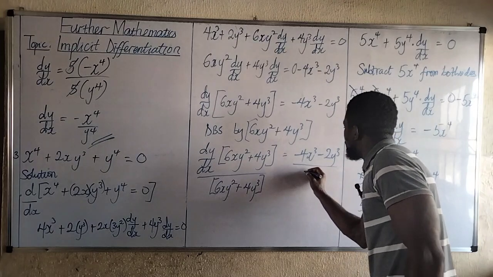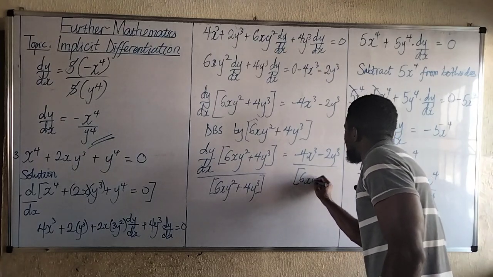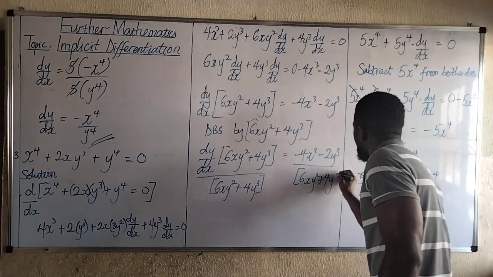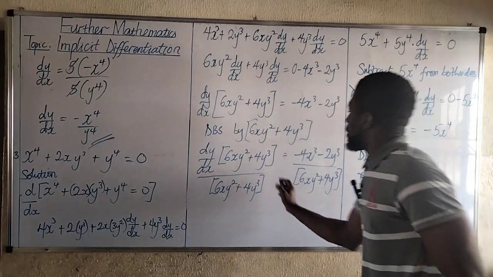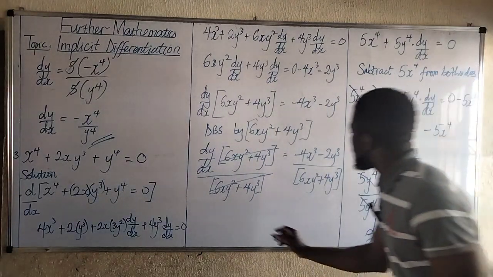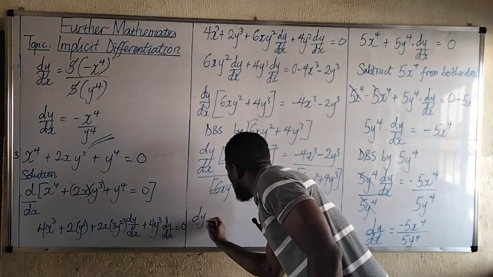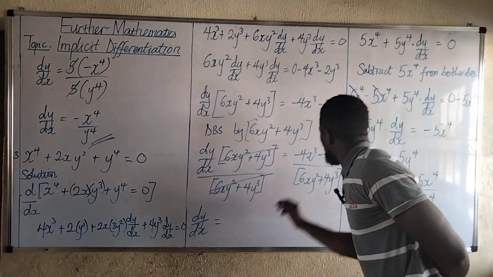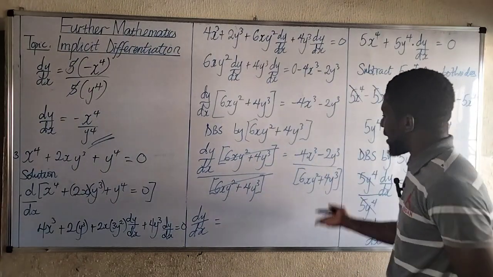Same here, 6xy squared plus 4y cubed. These two will go away. Then our dy with respect to x will now be, we can also factorize it. This is our answer already.